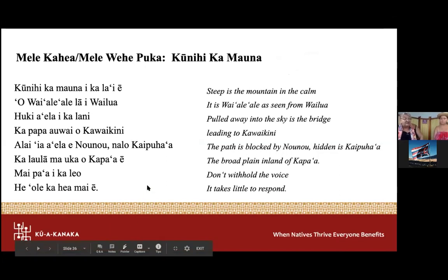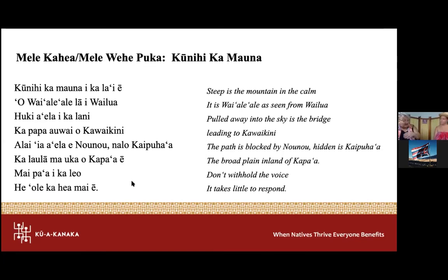The other part is that, as I mentioned, as part of protocol, they can learn how to introduce themselves to place, right? Kunihika Mauna is an oli that's been around since the time of Hi'iaka. When she got to Wailua, she asked to cross that river there by chanting this place, and this was the vista that she saw. She saw Wailua, she saw Kawaikini, she saw Kaipua'a.